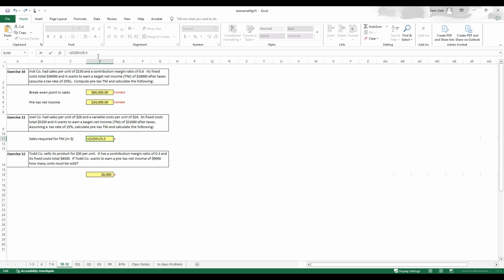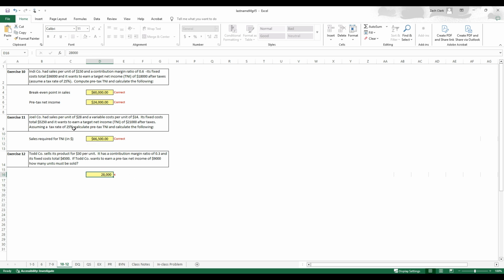But then if we want to target, again, $28,000, we need to have $66,500 in sales, which will allow us to cover our fixed costs and then net $28,000 in pre-tax net income.